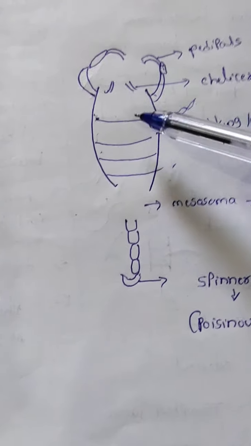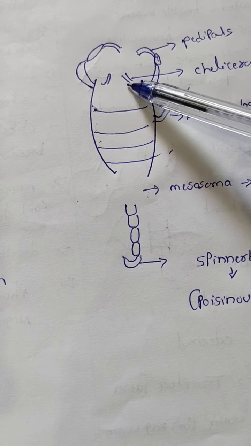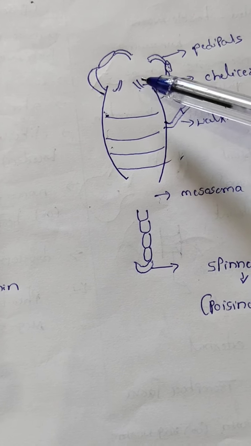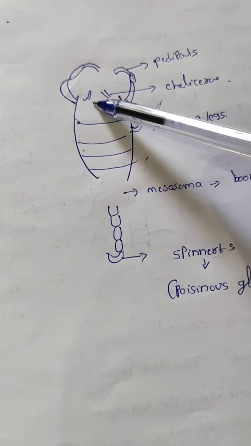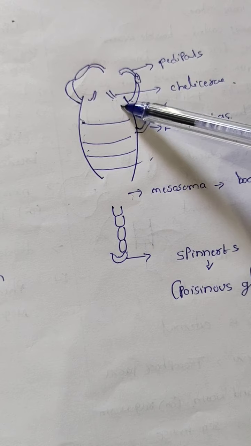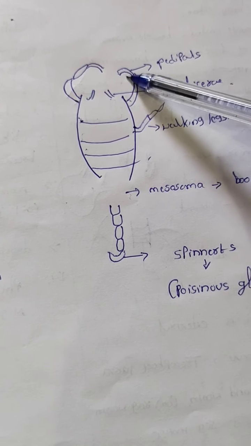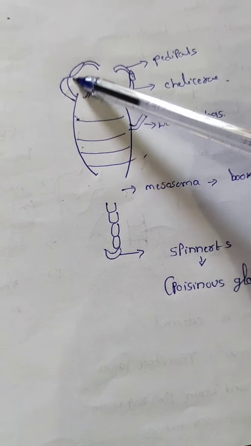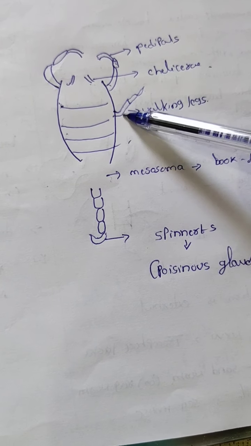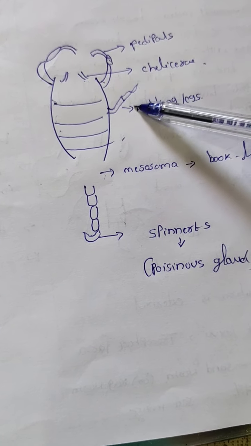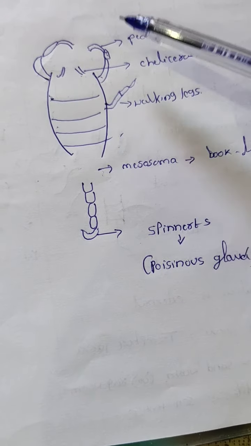See here, you can observe the scorpion. I already sent a pic for you. See that pic properly. The first pair is the chelicerae. This is the pedipalps. You can observe the scorpion uses pedipalps for biting, and the remaining are walking legs. Totally 6 segments are completed.